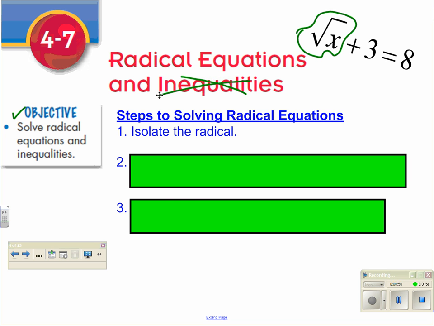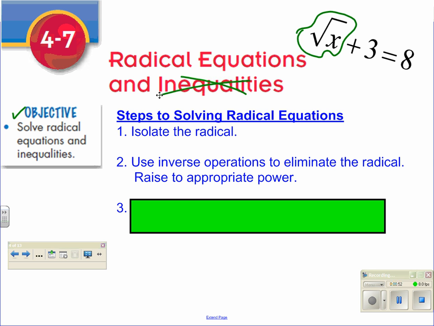Step 2, use inverse operations to eliminate the radical, which means we're going to be raising the radical to the appropriate power. So when I have a square root, I'm going to use the power of 2. If I have a cube root, what undoes it is a power of 3, and a fourth root I would take to a fourth power, that sort of idea.